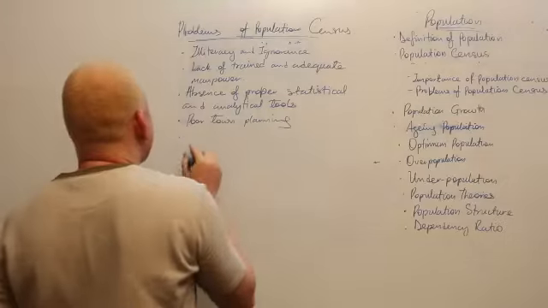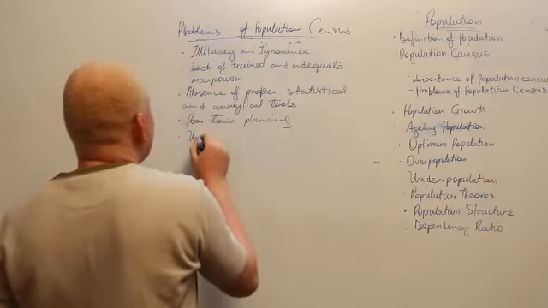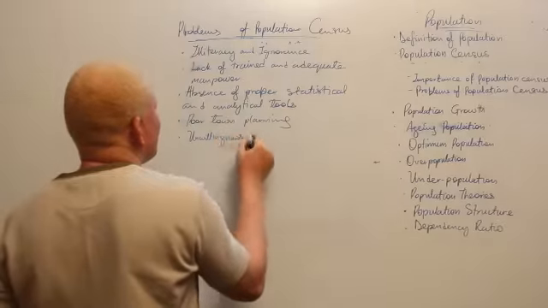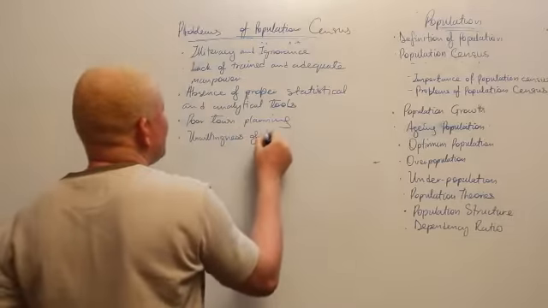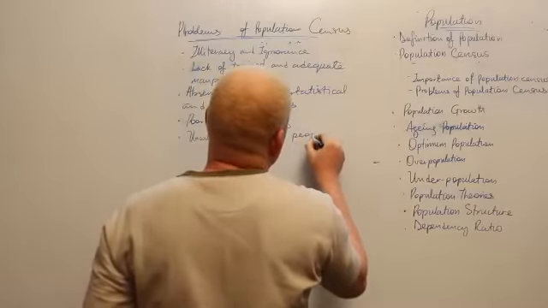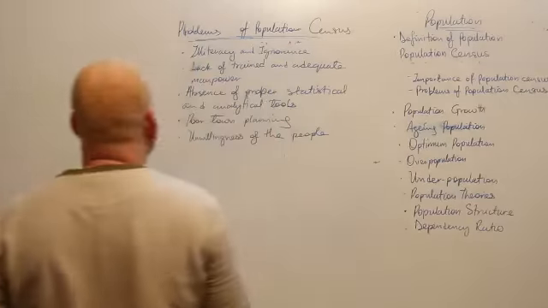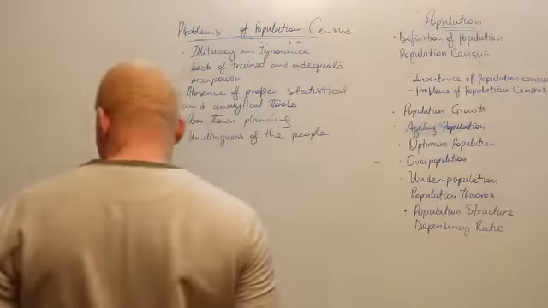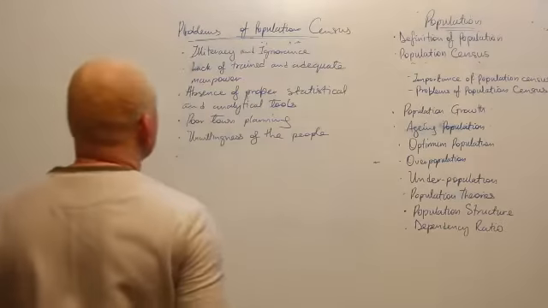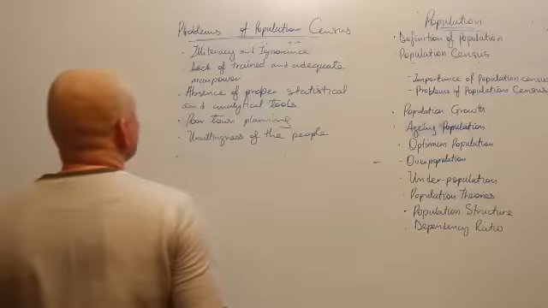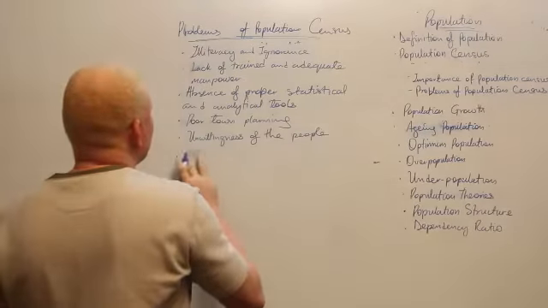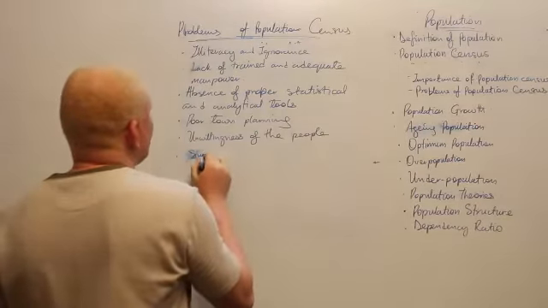Five, unwillingness of the people. Six, superstition.